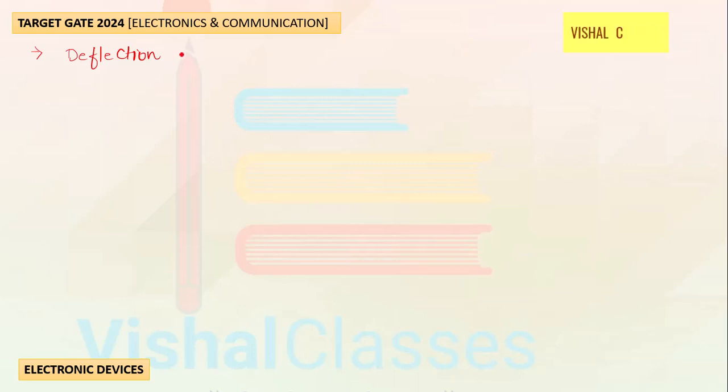Deflection on screen of CRT. Deflection of CRT is directly proportional to the deflecting voltage between the plates.